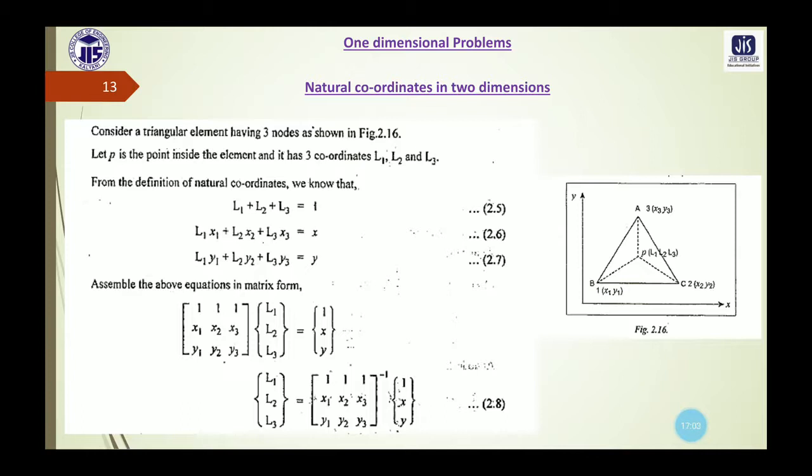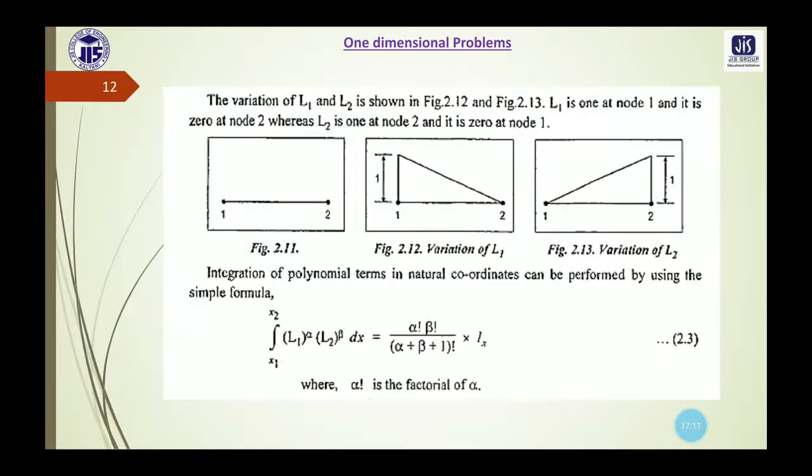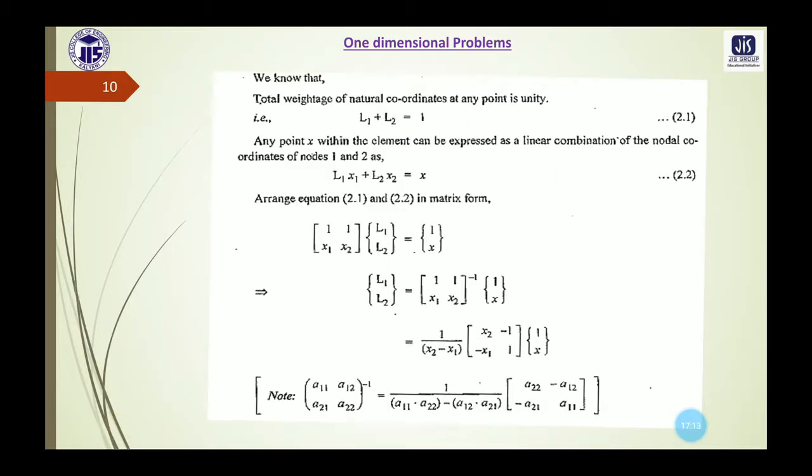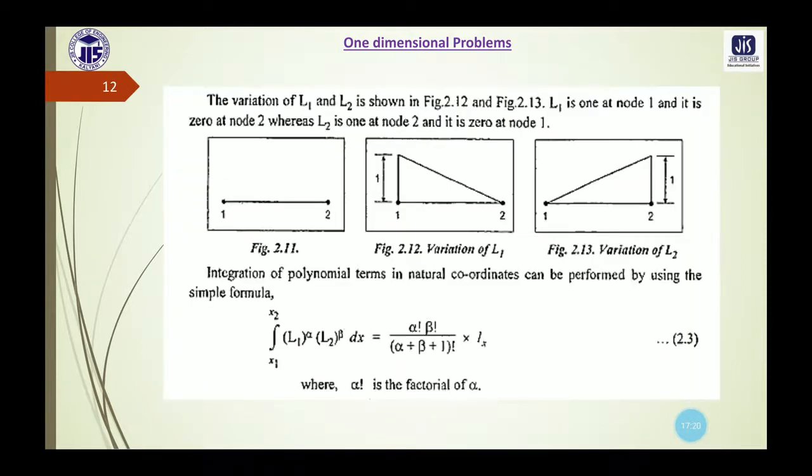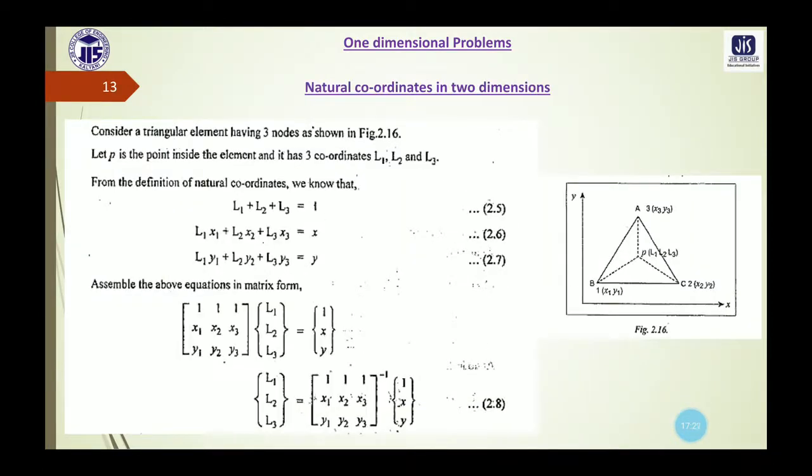Now from the definition of natural coordinates, we know that L1 plus L2 plus L3 equals 1. In the earlier one-dimensional system, L1 plus L2 equals 1. Now in this triangular element, we can write L1 plus L2 plus L3 equals 1.